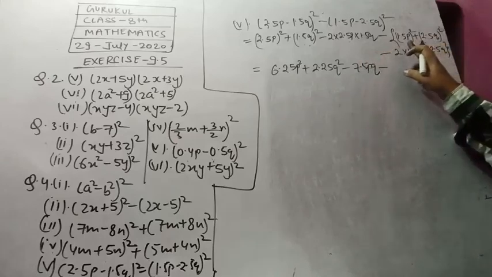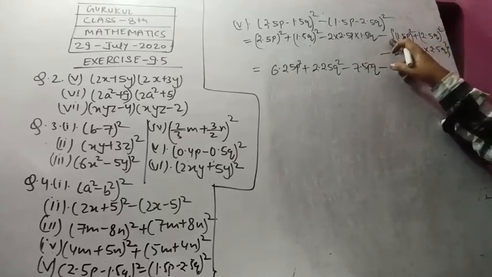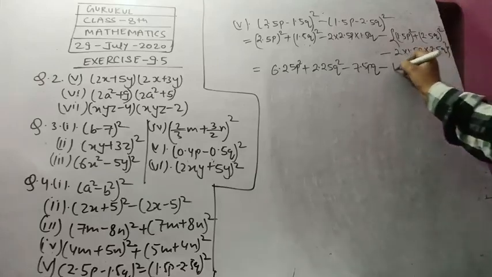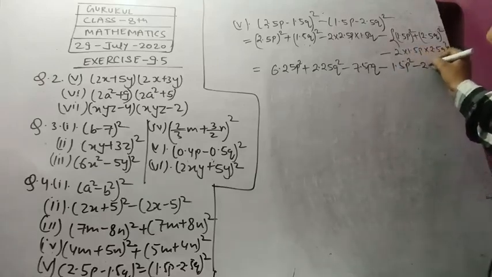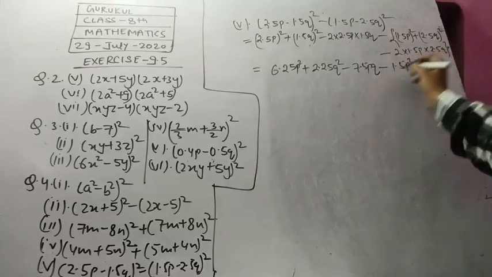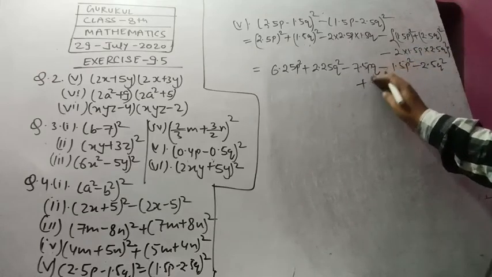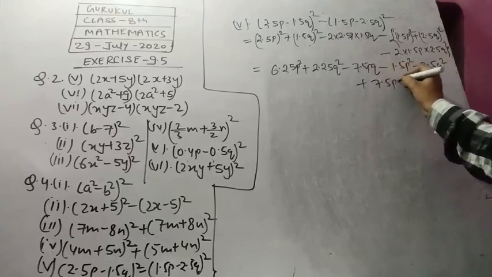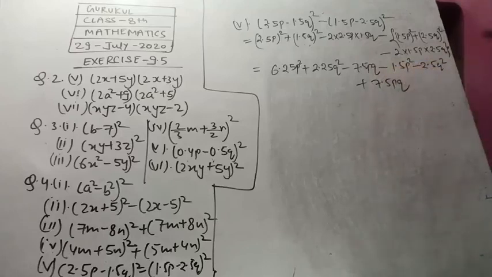Now when you open this bracket, negative is outside, so the inside signs will be changed. So this will be minus 1.5p² minus 2.5q², then minus minus plus, 1.5 2s are 3, 3 into 2.5 is 7.5pq. So as you can see, what is remaining now?